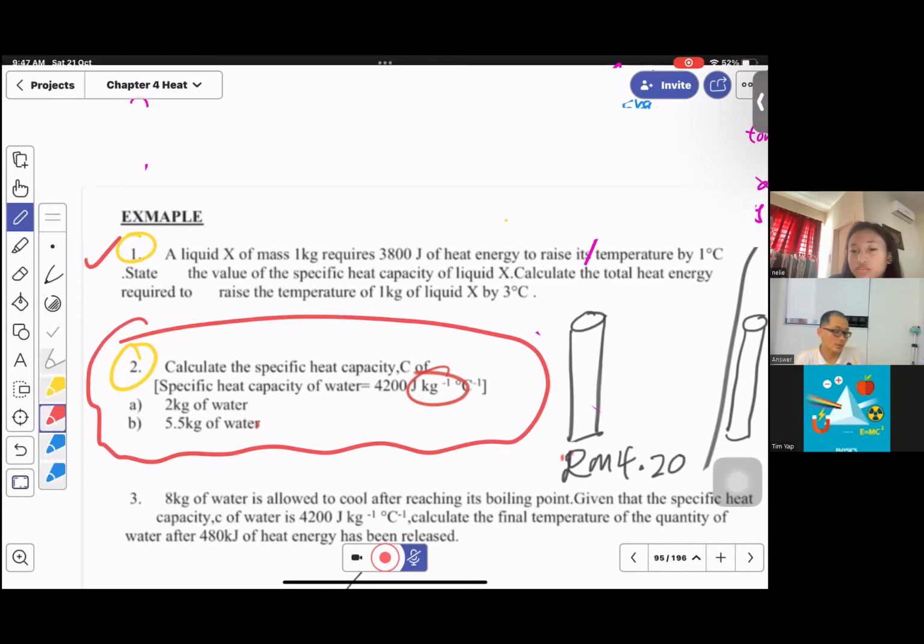Your value is wrong already. Your unit is also wrong. Both are wrong, unit and value are also wrong.